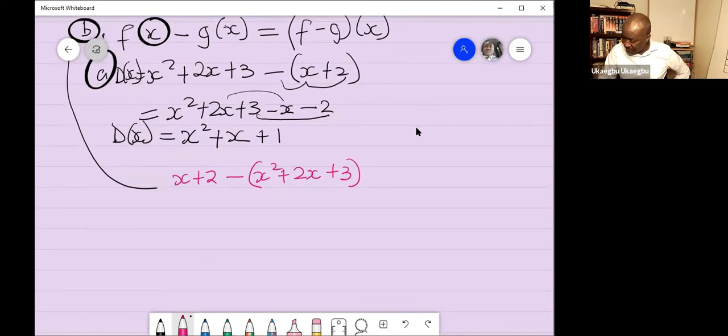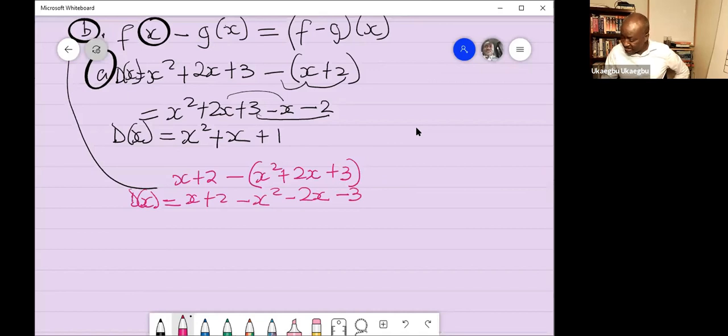So you can have that the difference, d of x, is going to be x plus 2. Then you have to open these parentheses using the distributive property. So everything there is going to change. So minus x raised to power 2 minus 2x minus 3. Okay? So then we have to combine like terms once again.